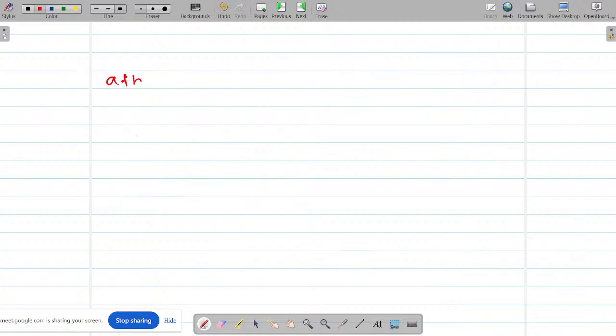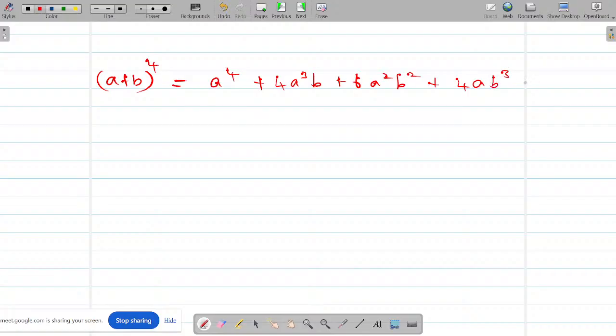What is (a plus b) power 4? A power 4 plus 4 a power 3 b plus 6 a square b square plus 4 a b power 3 plus b power 4, right?